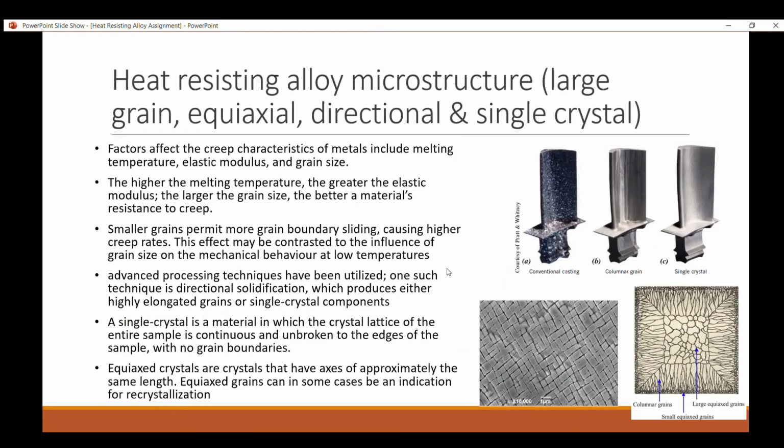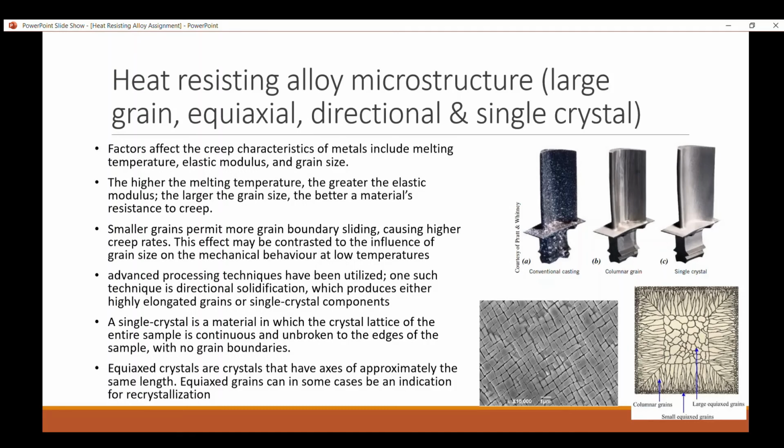Next, and the final topic, will be heat resisting alloy microstructure. There are factors that affect the creep characteristics of a metal, which include melting temperature, the elastic modulus, and grain size. From the pattern of melting temperature, we know that the higher the temperature, the greater the elastic modulus, and also the grain size also increases.